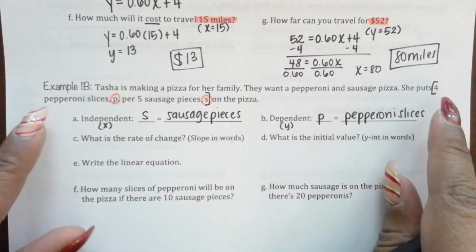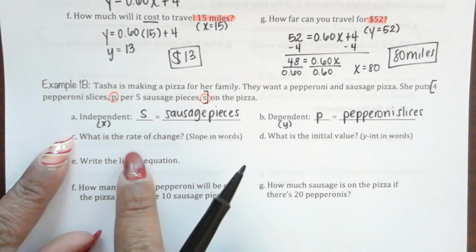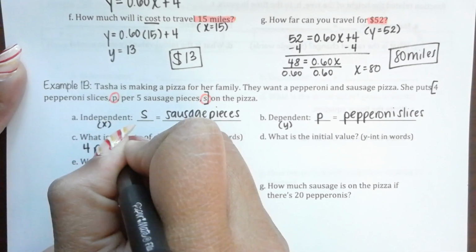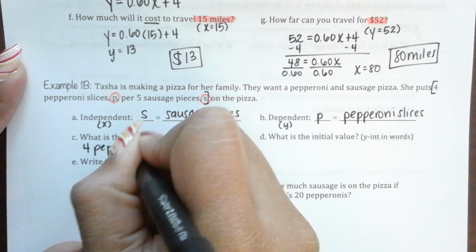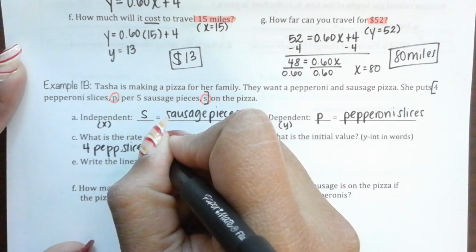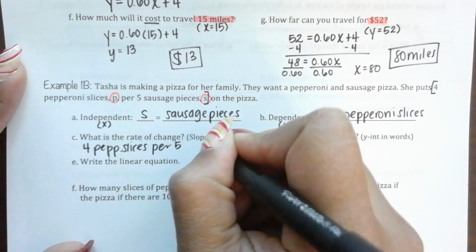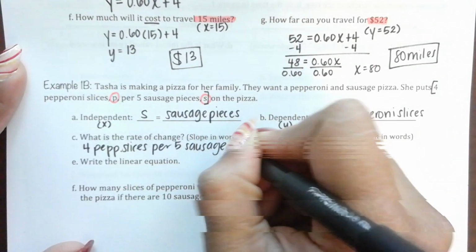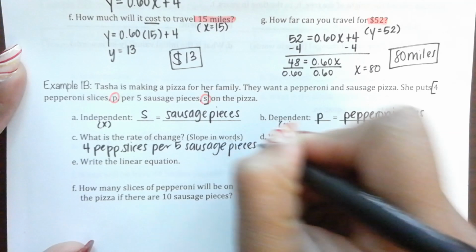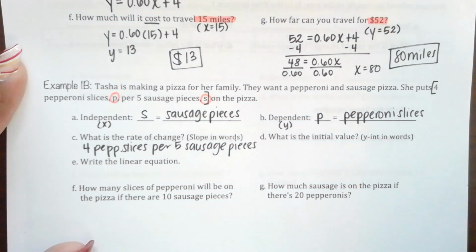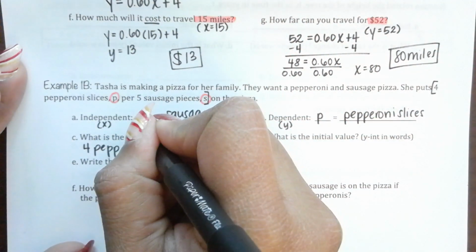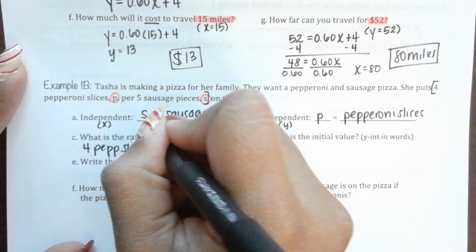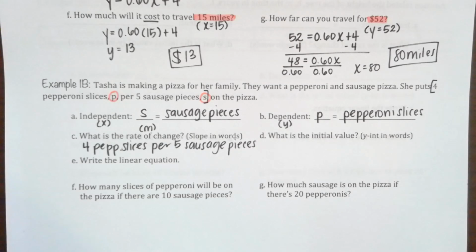So can I just rewrite that down here? Yep. So for pepperoni, I'm going to hyphenate mine because that's a lot of letters there. Per 5 sausage pieces. What variable goes with rate of change? Thank you. Great recall there, Brandon.